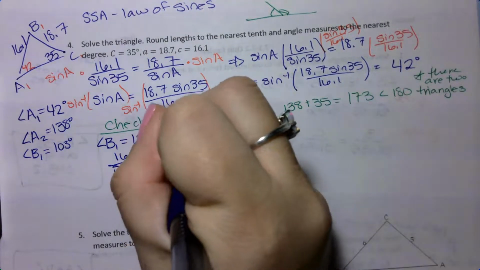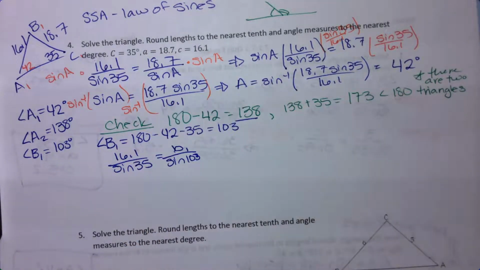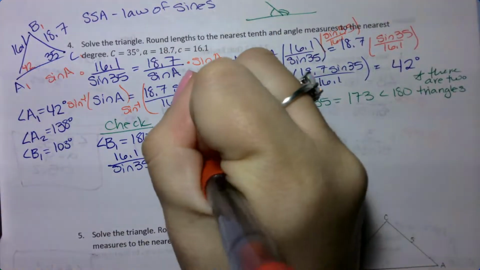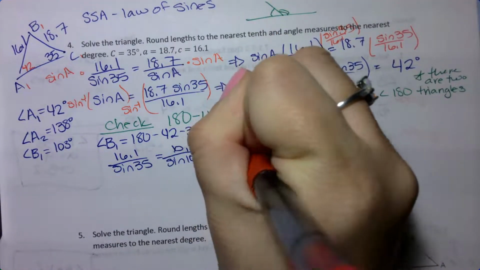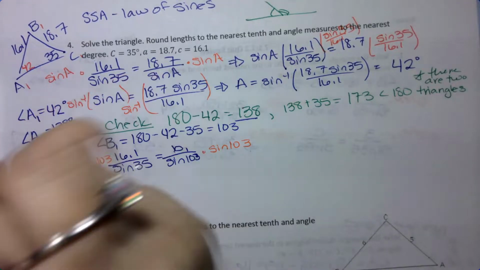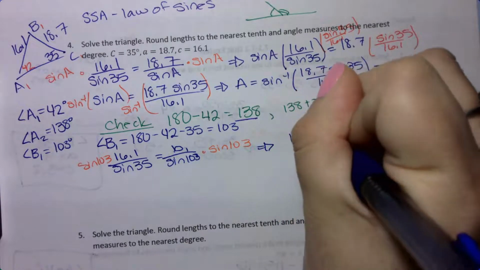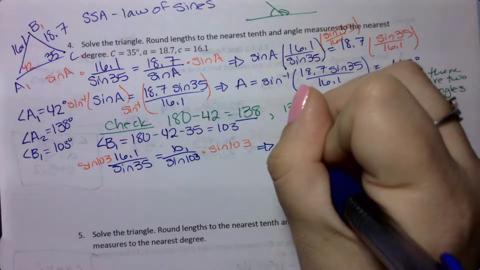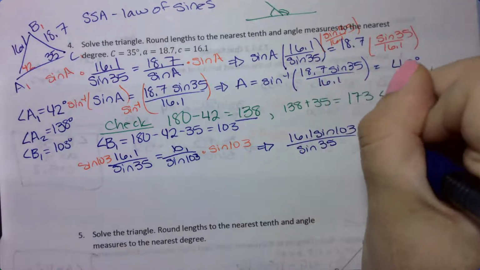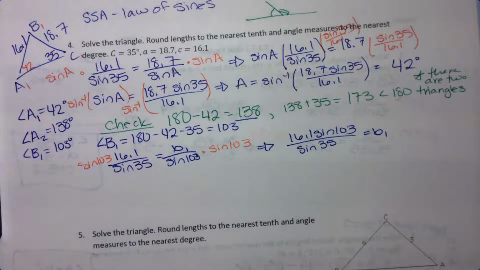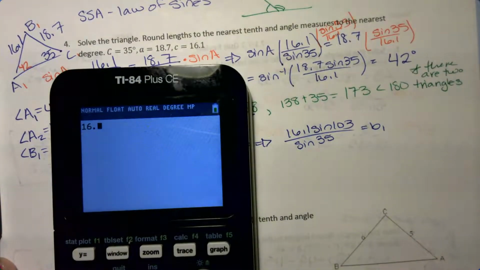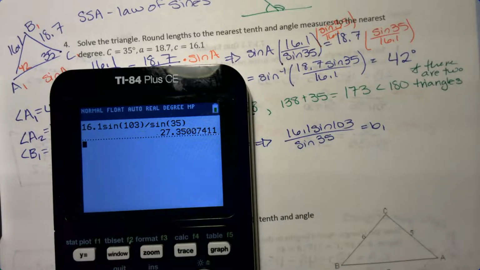And I know my angle measure here is 103. So then I want to go ahead and multiply both sides by sine of 103. So I'm going to have 16.1 times sine of 103 over sine of 35. And this should give me side length for B1. I'm going to type this into the calculator. Which, this is a side length, so I want nearest tenth, 27.4.